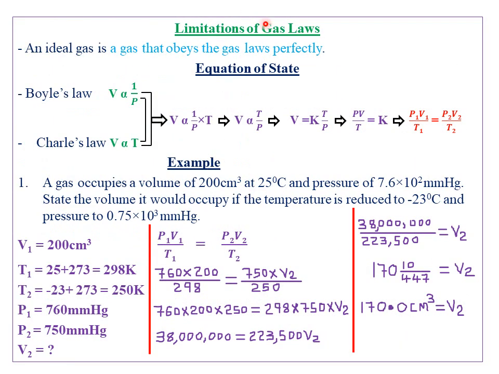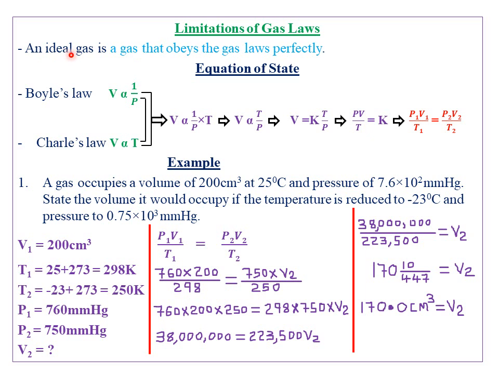Next, we look at the limitations of gas laws, and the main limitation is that at very low temperatures, most gases will not obey the gas laws. The reason being, at very low temperatures, most gases will condense to form liquids, and some can even form solids.